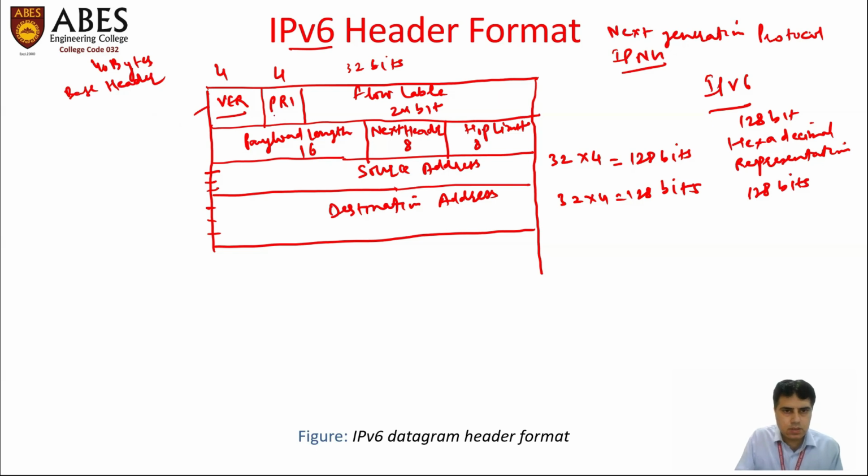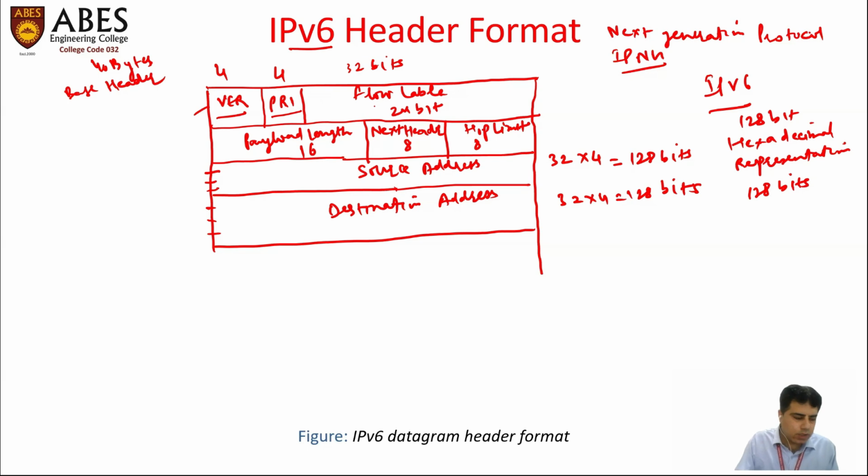Next field is priority. This is a 4-bit field, which defines the priority of the packet, which is important. Through this field, we can define the priority of the packet. If the priority is high, this packet is delivered first with respect to the low priority frame.